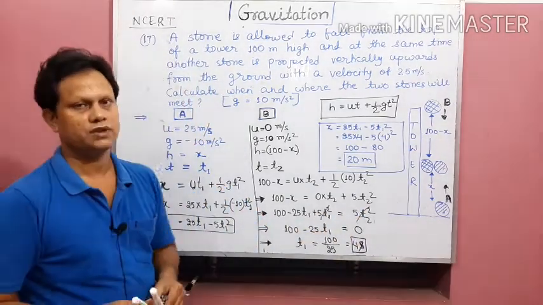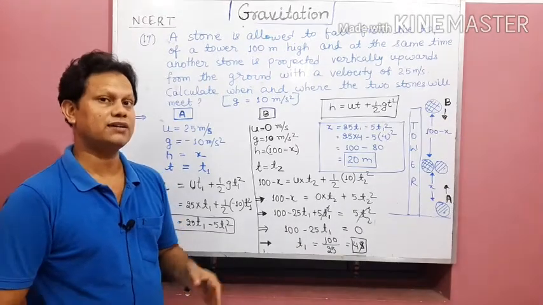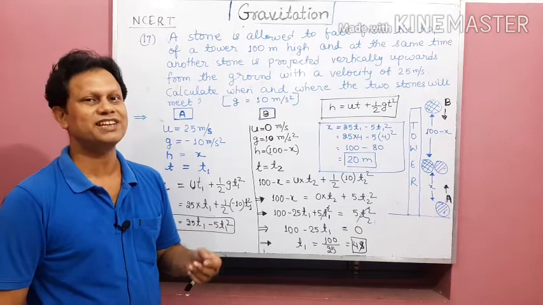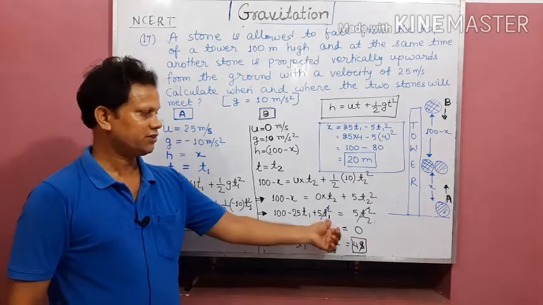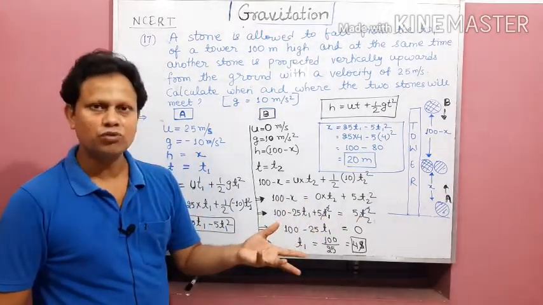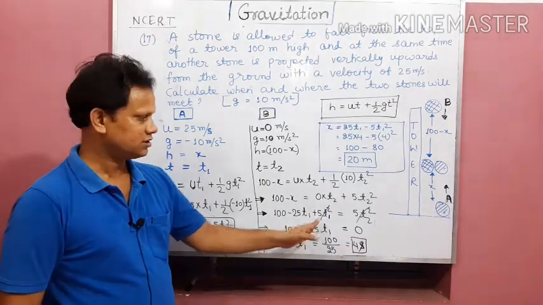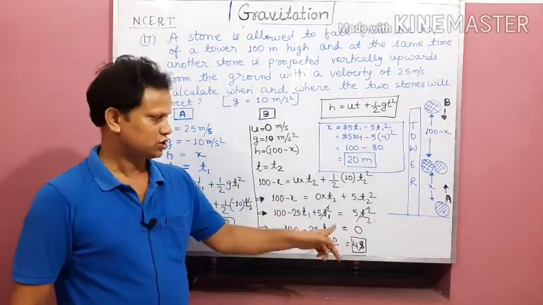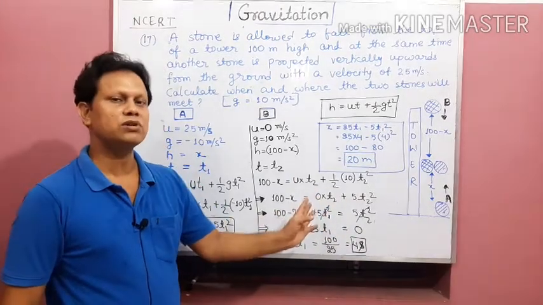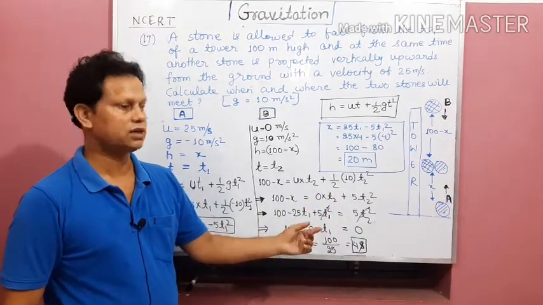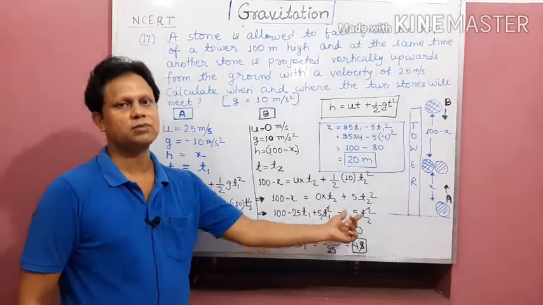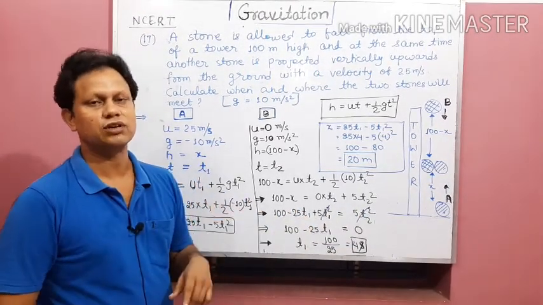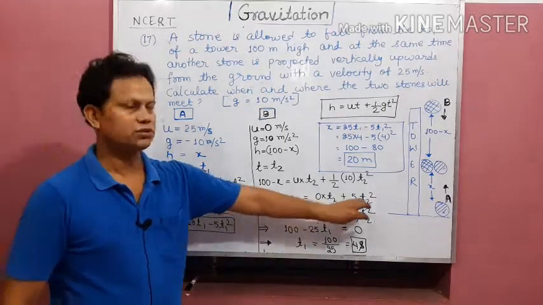How come? Because I have already mentioned that the time taken by both stones will be the same. Although the names given are t1 and t2, their values will be equal. So obviously this term has the same value as this term, and since they are on opposite sides of the equal sign, this term can be cancelled with this one.